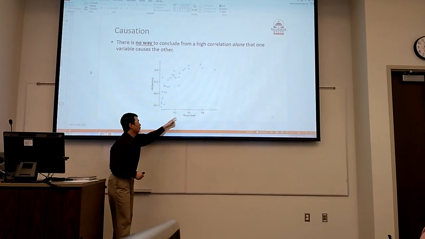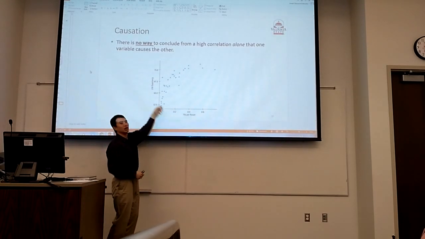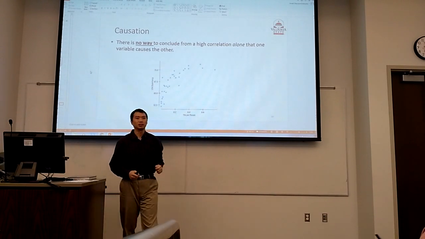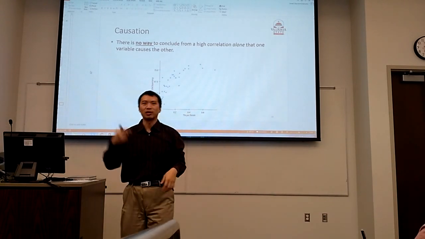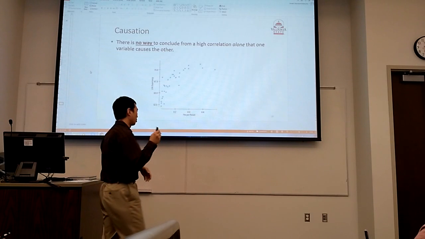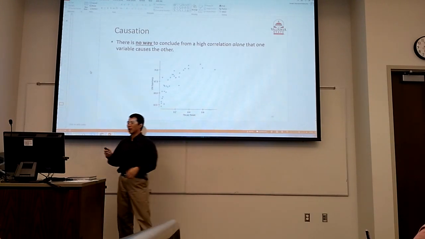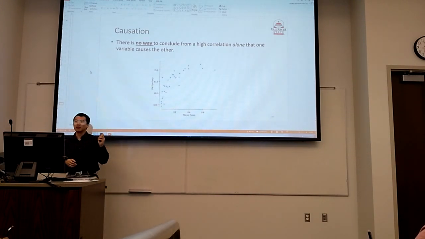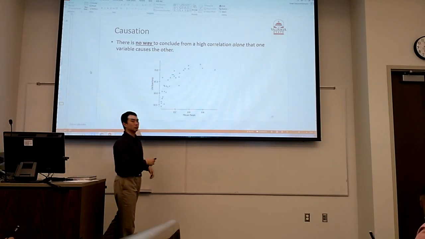So this variable is the causation of the other variable. Sometimes we have this thinking logic, but in fact, as the statement said, there's no way to conclude from a high correlation alone that one variable causes the other.